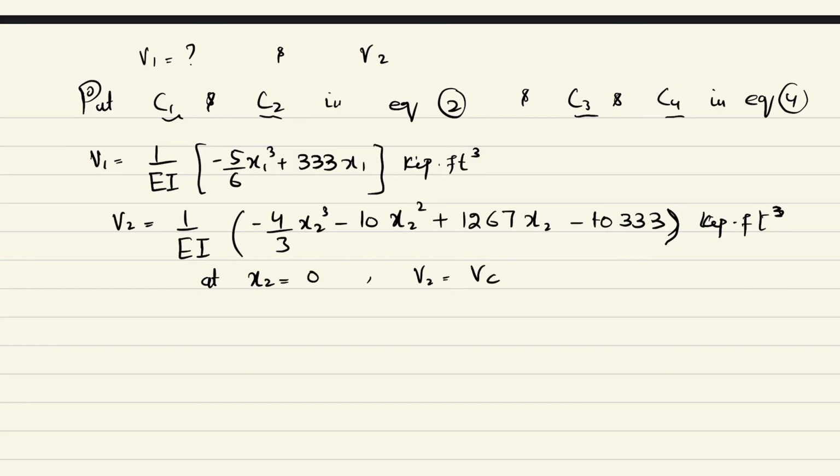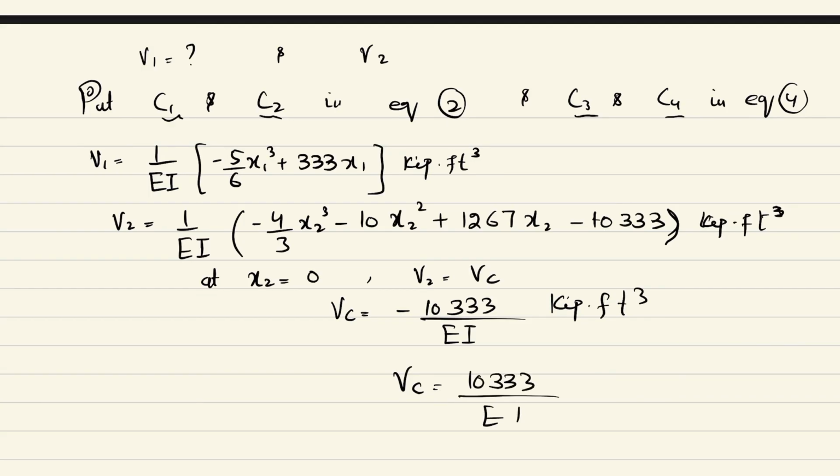If you put x2 equal to 0, this term will be 0 and this term will be 0, and we are left with VC equal to minus 10,333 divided by EI. Since this value is downward, I have removed the minus and replaced it with a downward arrow. So this will be the deflection at point C.